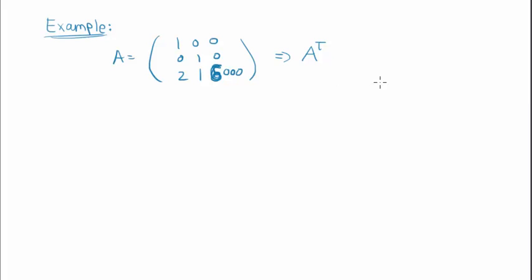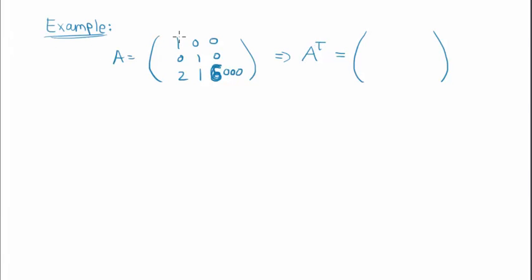Now this isn't A to the power of T, as in matrix exponentiation. It is relevant, but we're not going to cover a lot of matrix exponentiation. So this isn't A to the power of T, it's just A transpose. You can think of this as a superscript.